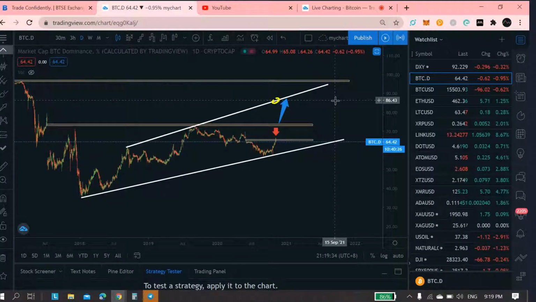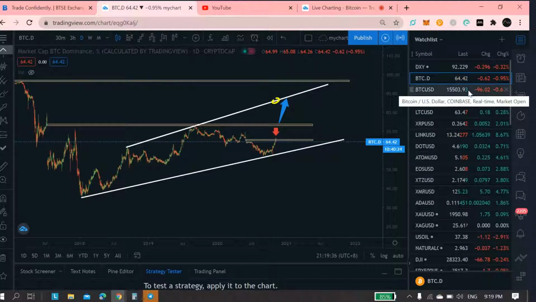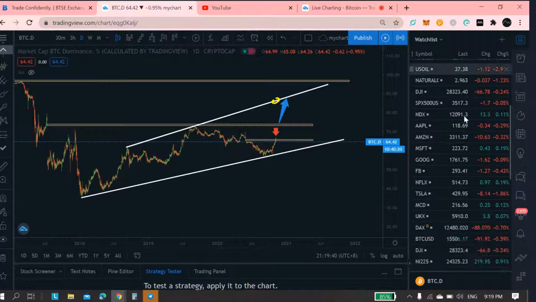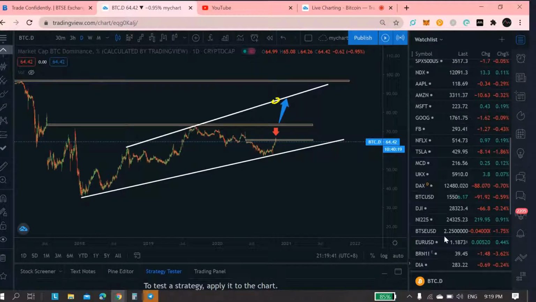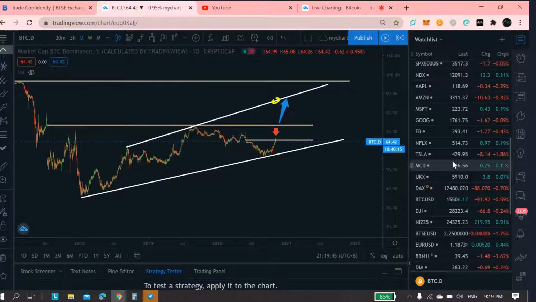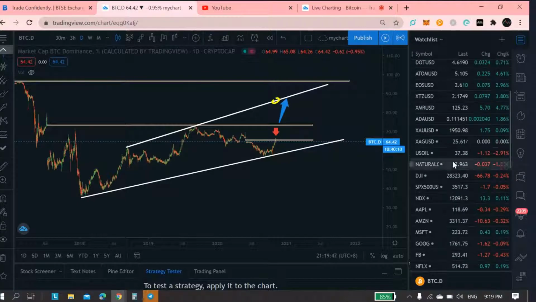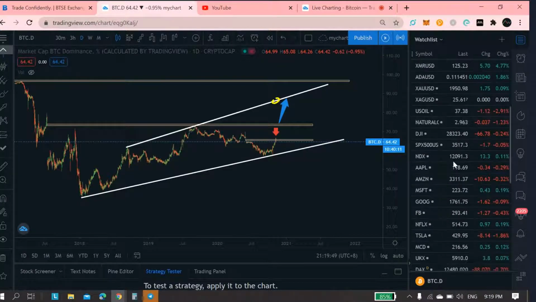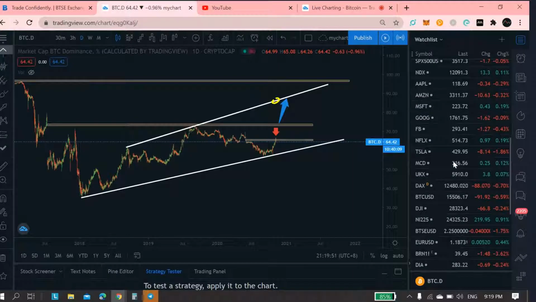So next, let's go to BTC USD. For today, I'll be using the Bitstamp and I will use the Renko chart. So BTC, where is it?